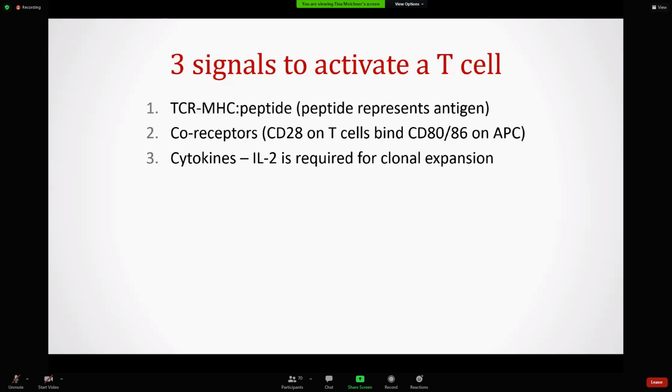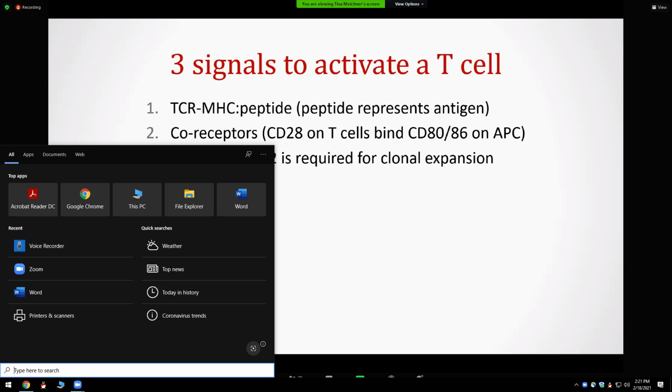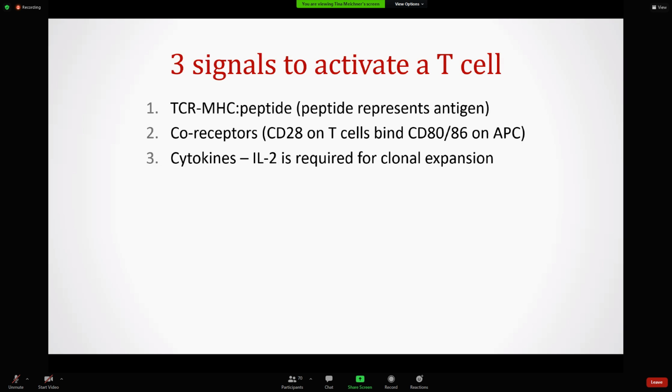One of them that is very important, that's kind of always part of it, is IL-2, because that's the one that's necessary for proliferation and clonal expansion, so that the T cell that has the most specific T cell receptor gets selected and can expand and further proliferate.